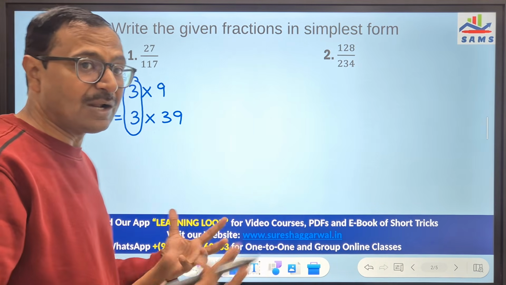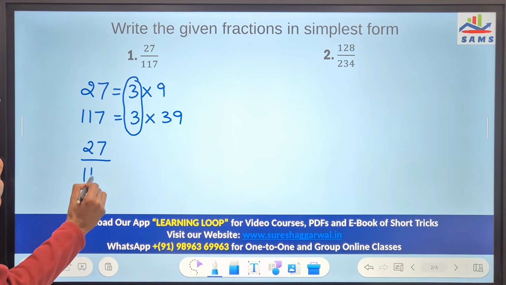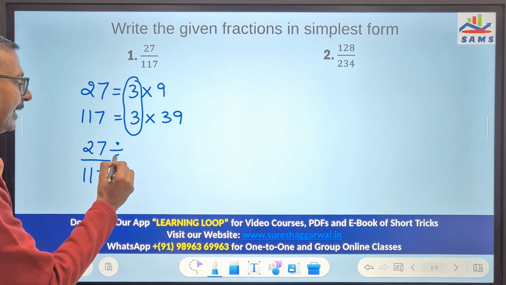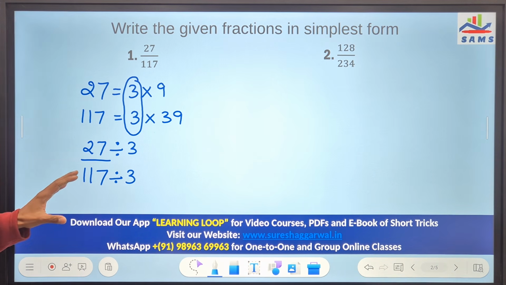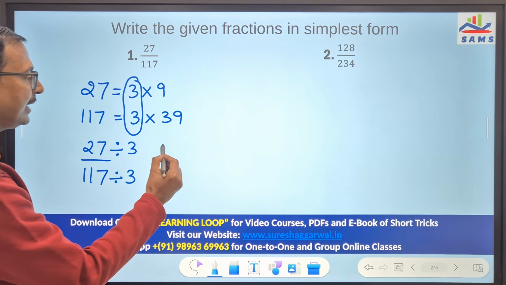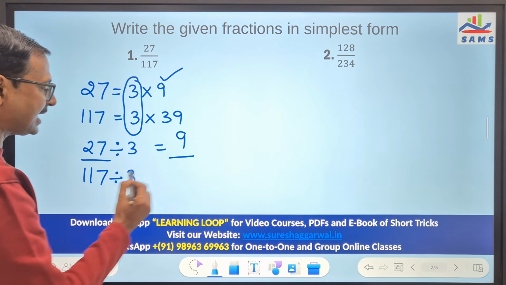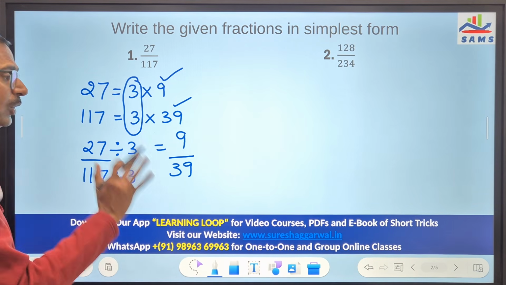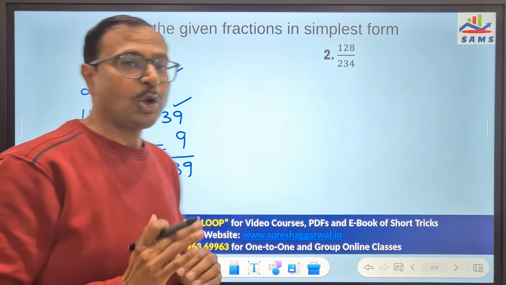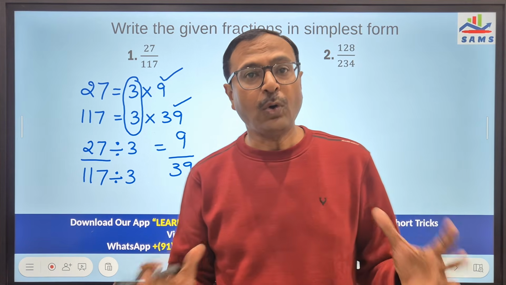Rather than saying cancel out, I will say that 27 upon 117 will be divided by 3, both in the numerator and in the denominator. So you have to write this as the remaining factor 9 and this as the remaining factor 39. Now we have to check whether 9 and 39 are co-prime or not.